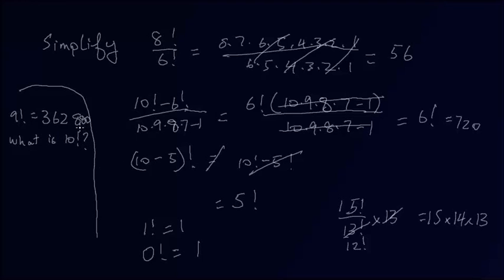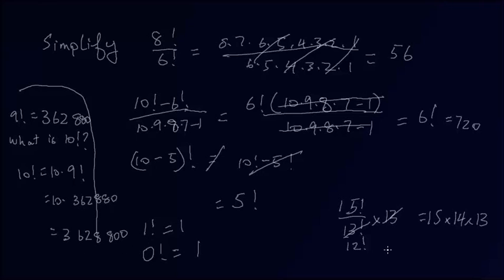So 10 factorial, we notice, is equal to 10 times 9 factorial. Hence, it's equal to 10 times 362,880. So 10 factorial is equal to 3,628,800. So this would be our answer for 10 factorial.